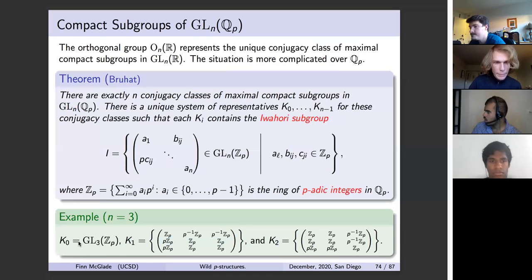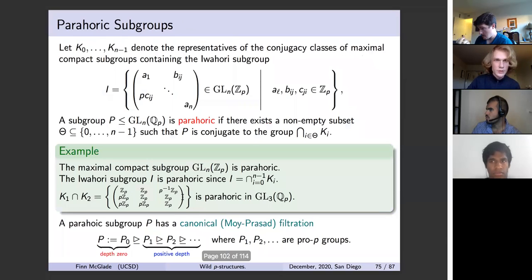Here I'm allowed to have an entry in p^{-1}Z_p in these 2 spots, and then I have to have pZ_p down here, and everything else needs to be in Z_p. So matrices of this form, such that their inverse is also of this form, right? And similarly over here.